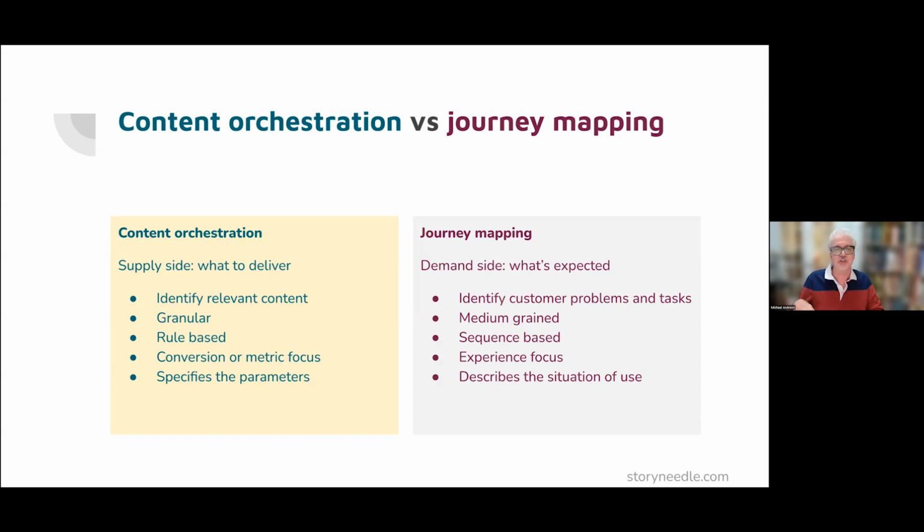And we measure how successful we are with what we are delivering, and we use that as feedback to adjust what we deliver to people. Journey mapping is a little less granular. It's kind of about sequences, about the experience that people are having, the situation of use. So these are talking about somewhat different aspects, but they do work together and they are a very good team.